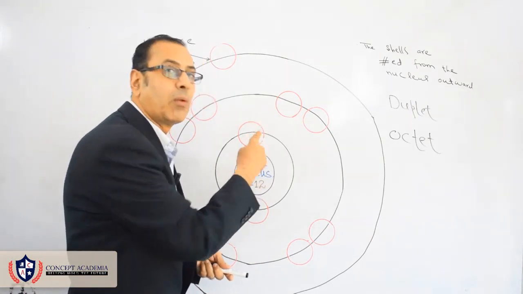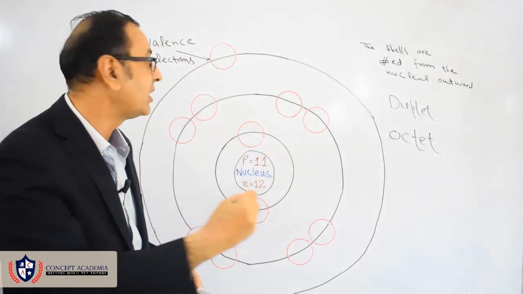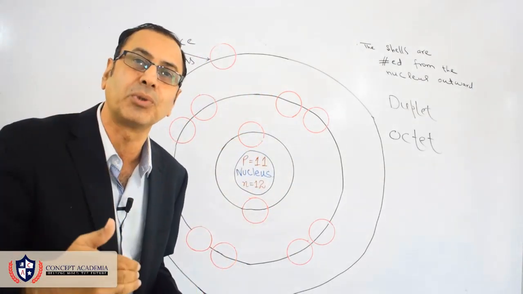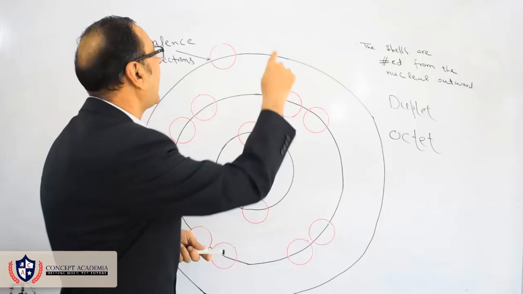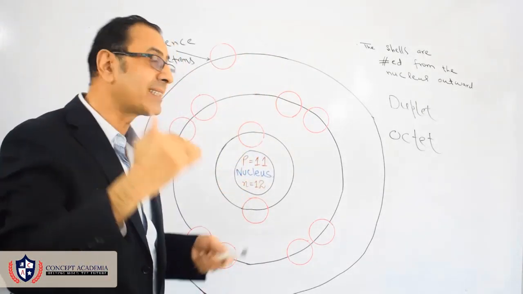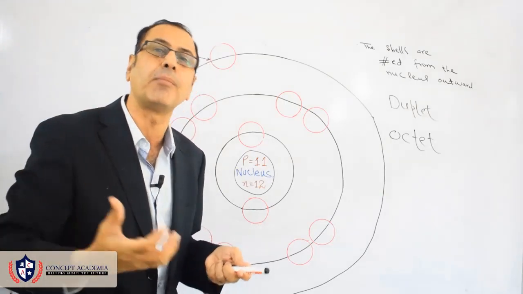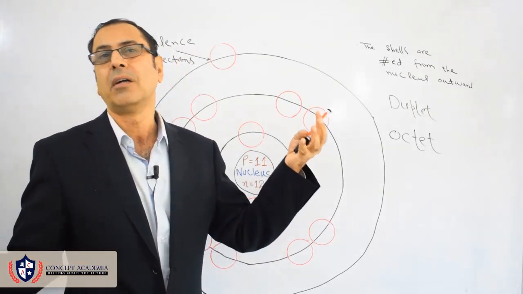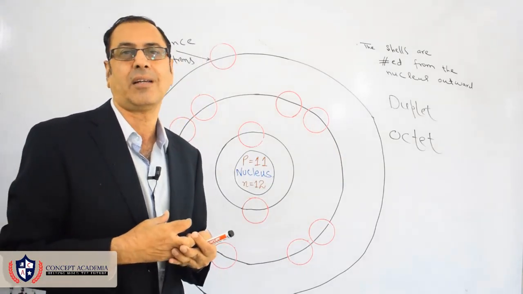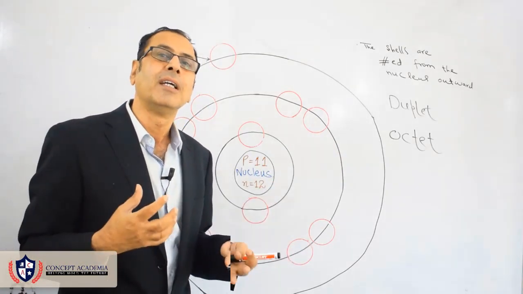Energy level 1 has less energy, energy level 2 has more energy compared to energy level 1, and the valence electrons have maximum energy because they are maximum away from the nucleus and from the proton.